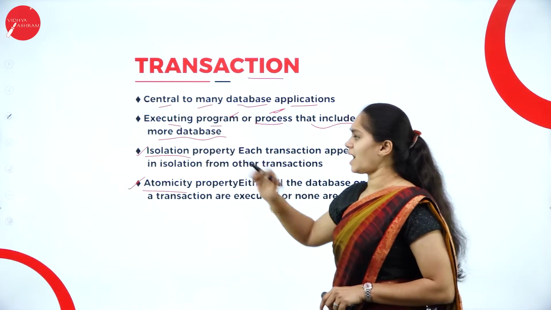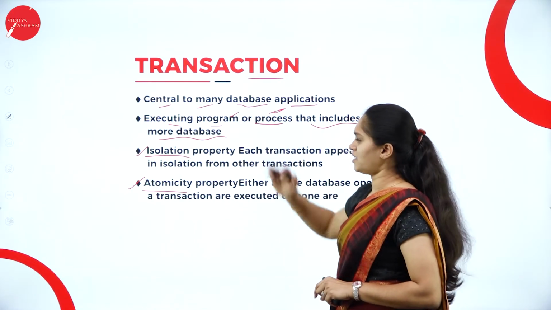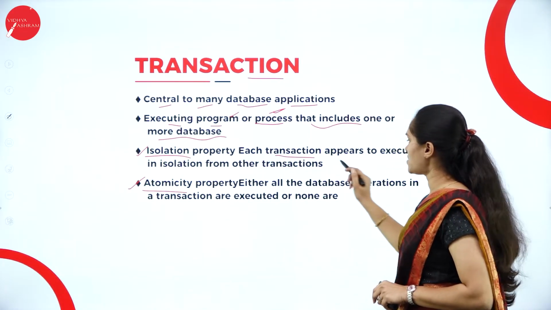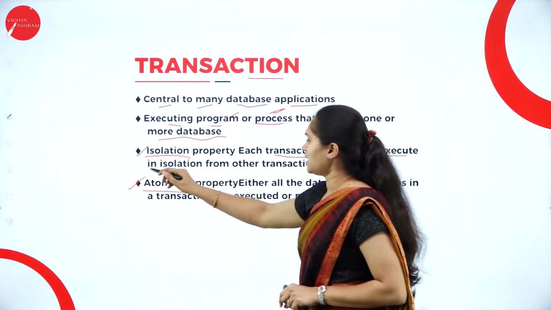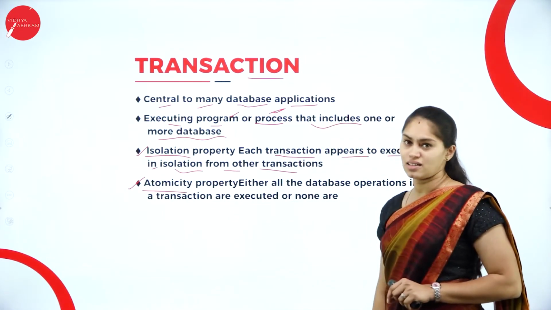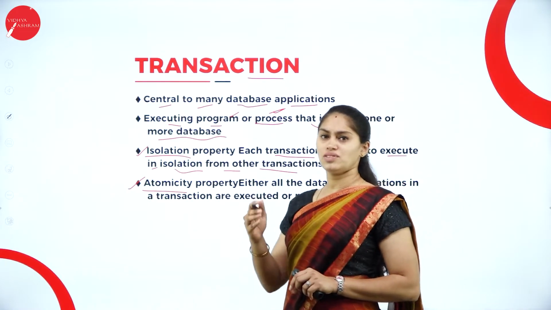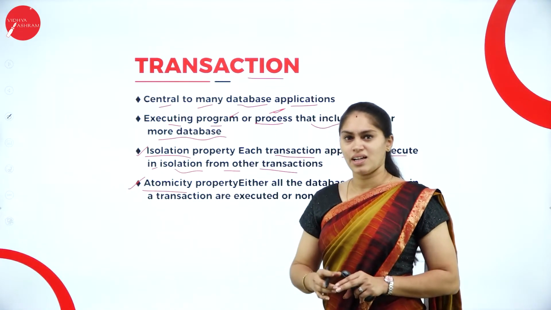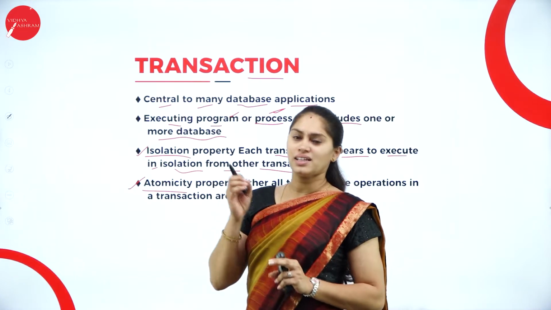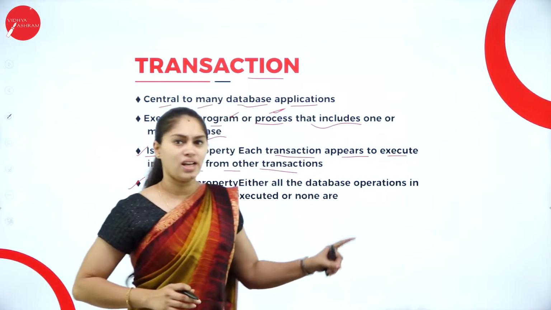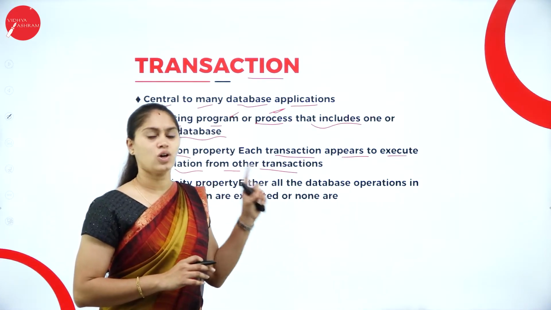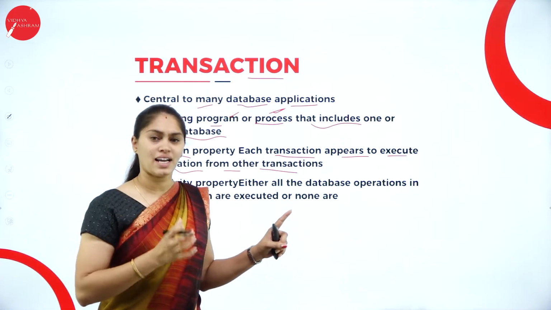When it comes to the isolation property of a transaction, each transaction appears to be executed in isolation from other transactions. If I'm modifying some content, it should be modified by only one user at a time, and only once. That is isolation.